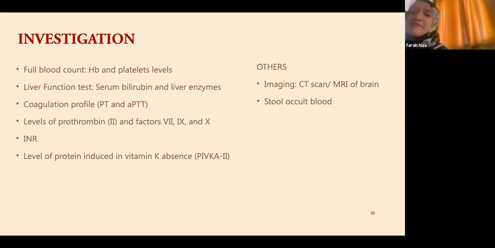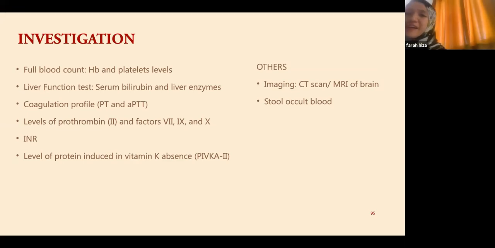Sometimes there are investigations that indirectly detect vitamin K deficiency, which test for the prothrombin factors, which are 2, 7, 9 and 10. The level of protein induced in vitamin K absence, or PIVKA-II, is actually a sophisticated investigation.